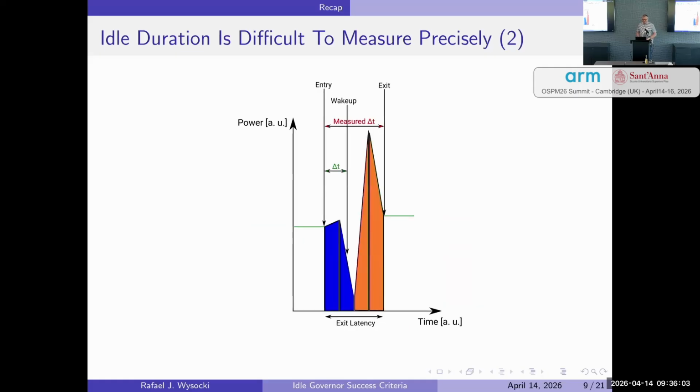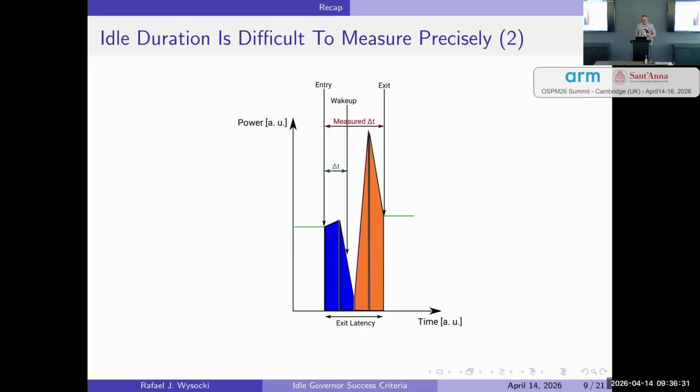Right, the same problem happens in a case related to the previous slide, where the CPU actually spent some time in the idle state. But in this case, it doesn't spend any time in the idle state at all. However, the exit latency still applies, because there is a point of no return in the entry and exit procedure.